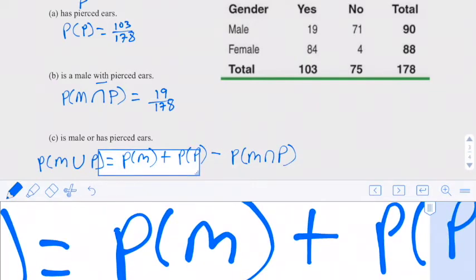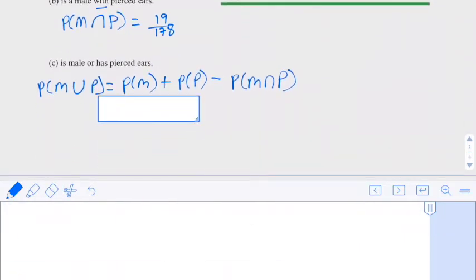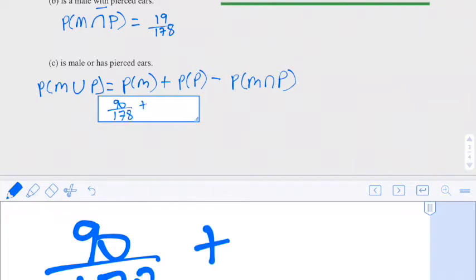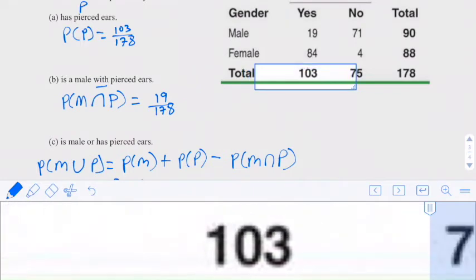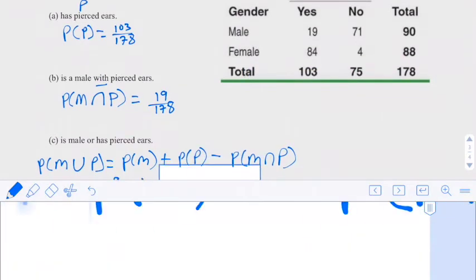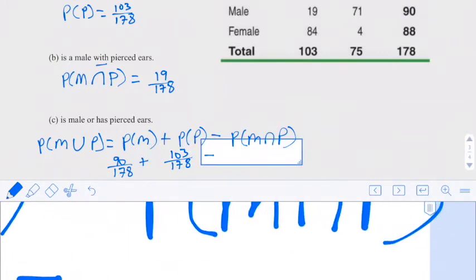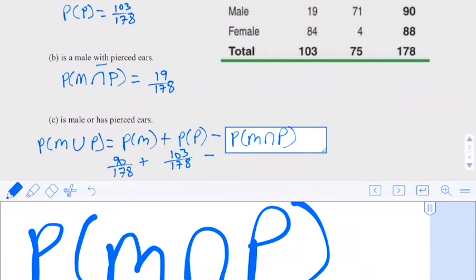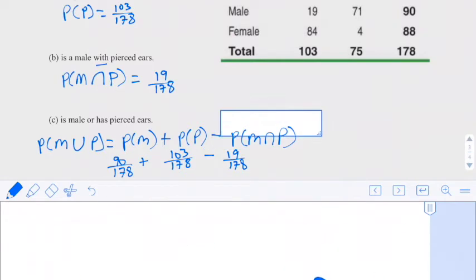So the probability that they're male is 90 out of 178, plus the probability that they have pierced ears is 103 out of 178, minus the probability that they are both male and have pierced ears, so that's 19 out of 178. Now remember why we have to subtract this.